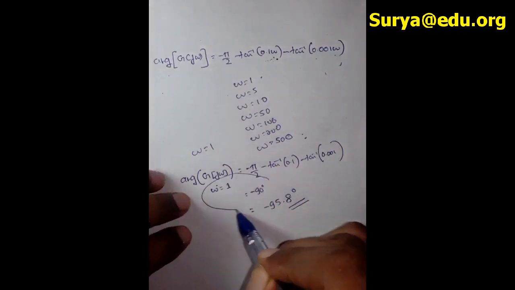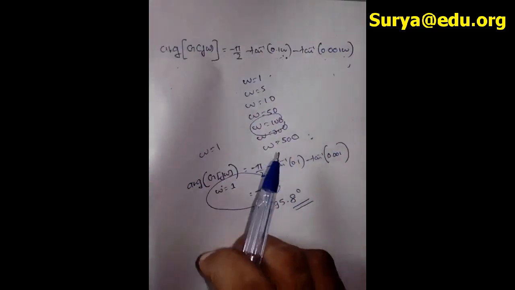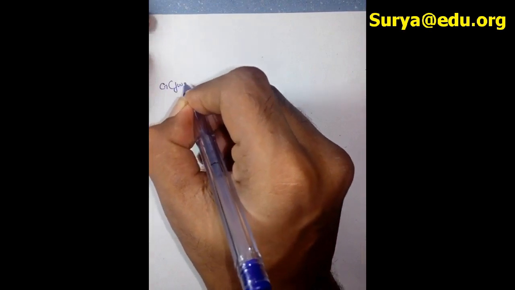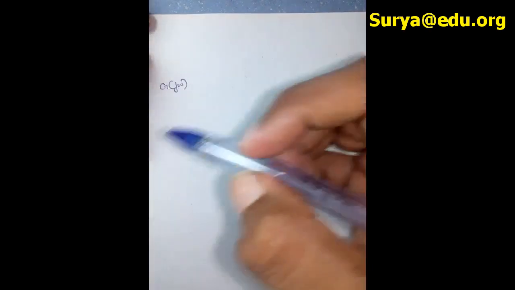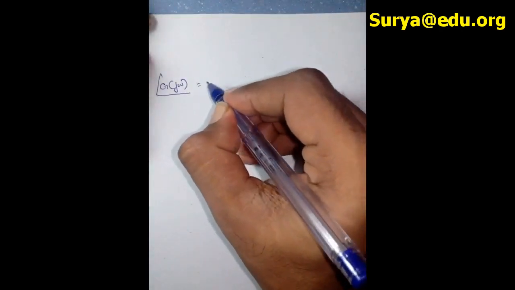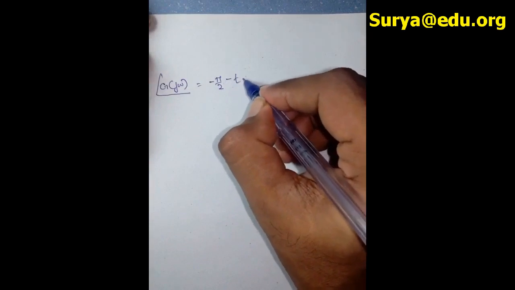Right, now let's do another calculation, because this we did for omega equals 1. Now let's do this for a larger value of omega. We already know the general expression, G of j omega. What you are going to find is the argument, so this equals minus 5 by 2 minus tan inverse 0.1 omega minus tan inverse 0.001 omega.